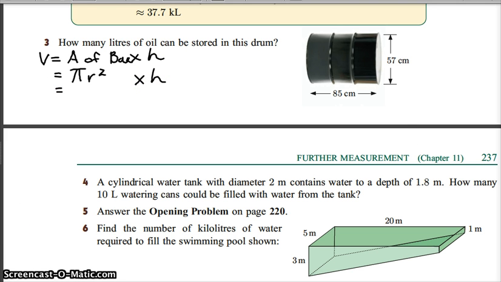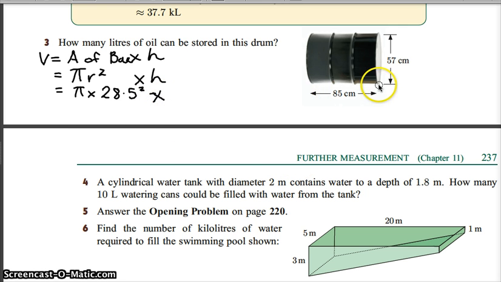Okay. The radius, therefore, is how many centimetres, Ryan? Half 57. Excellent. That's half of 57, which is 28.5. 28.5 all squared multiplied by the height.